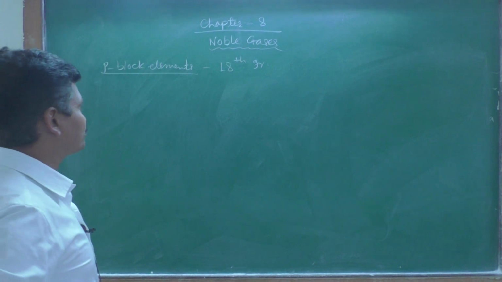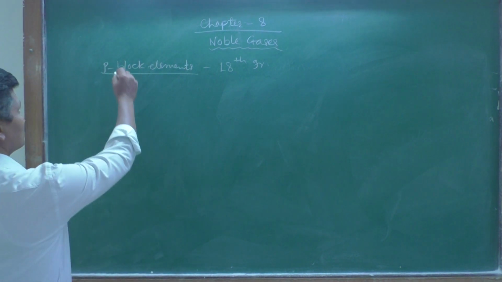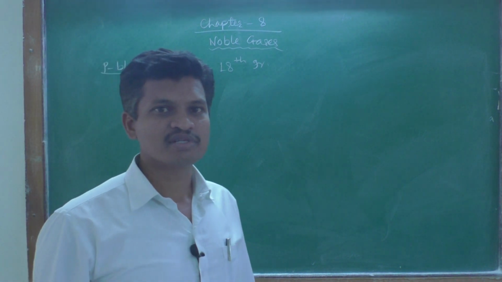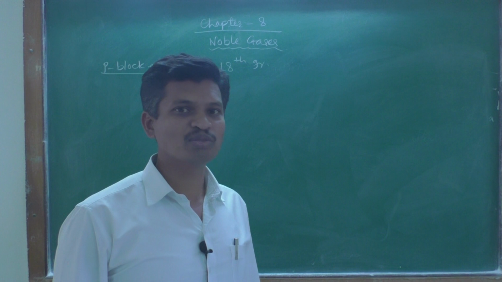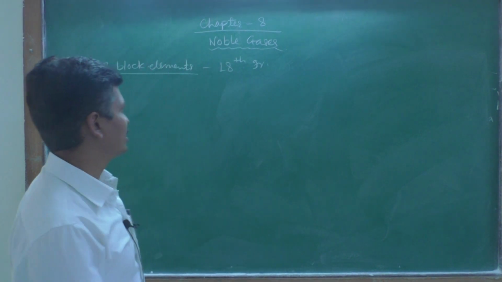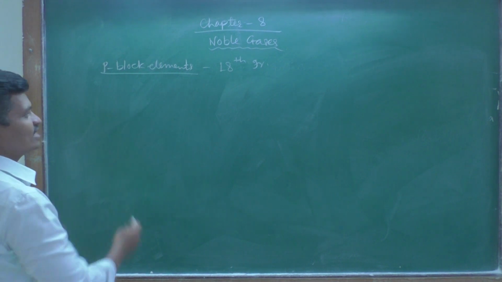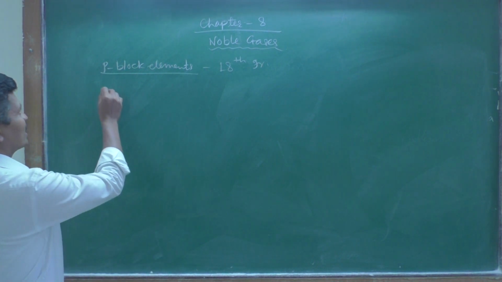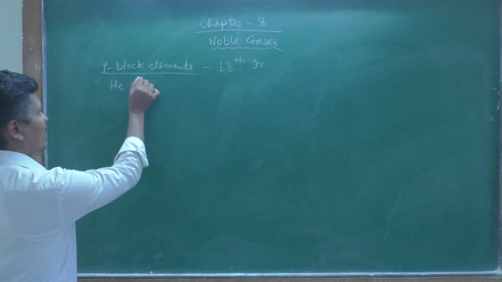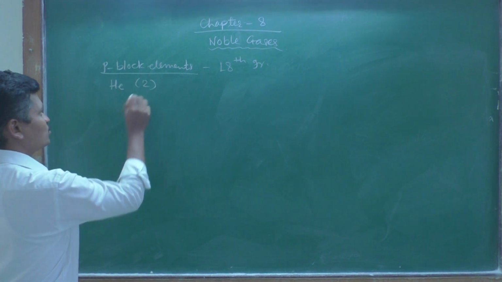Now, the names and symbols of these noble gases, we are already familiar with. Let us revise these noble gases. The first one is helium, having atomic number 2.